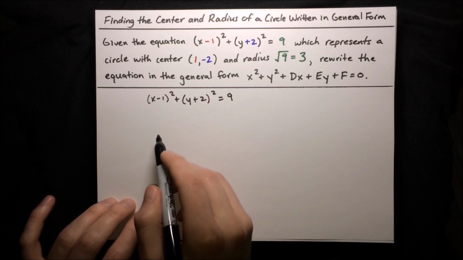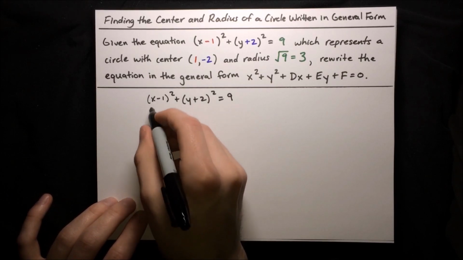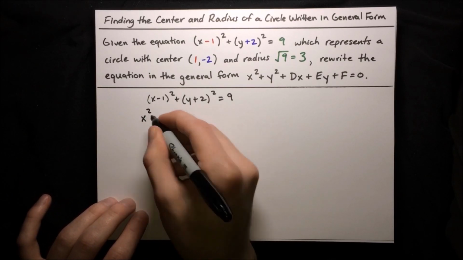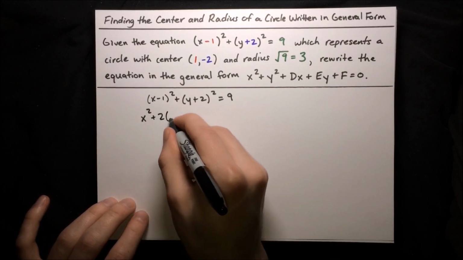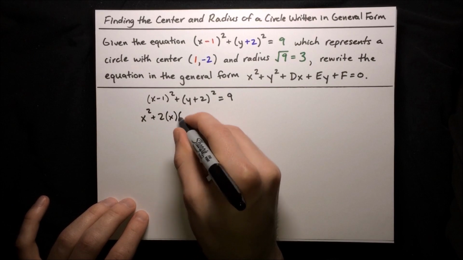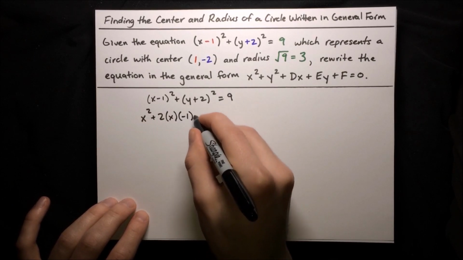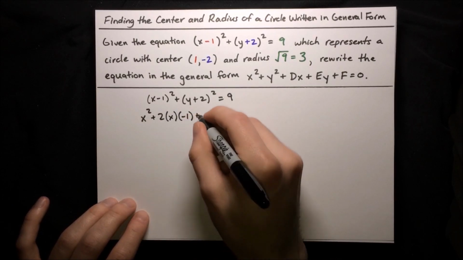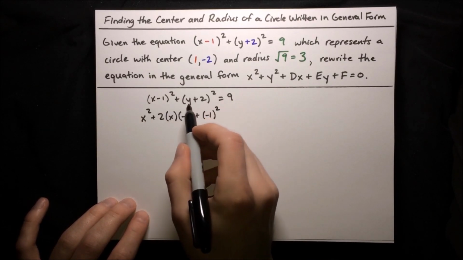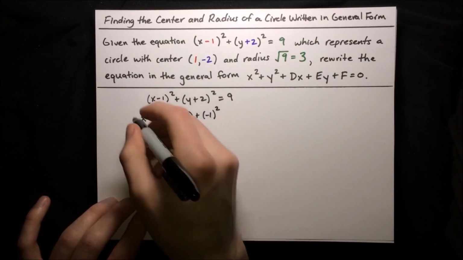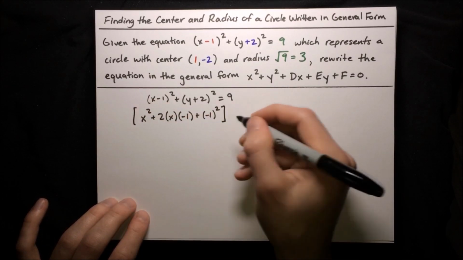So x minus 1 squared, well, that's just the first term squared, x squared, and then plus 2 times x times the second term, times negative 1, and then plus the second term, negative 1 squared. Okay, and then y plus 2 squared, why don't we put these in brackets to separate them?